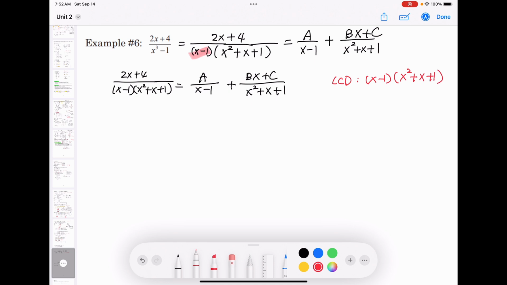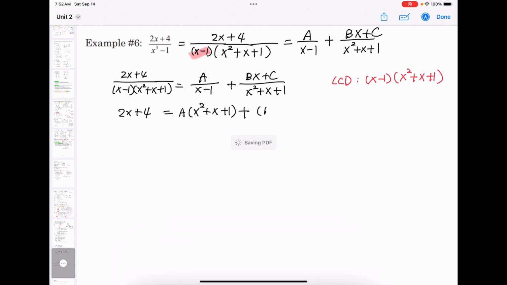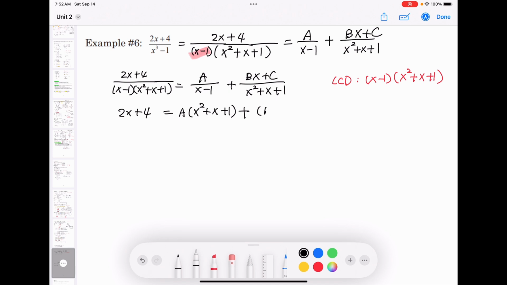So multiplying both sides, we have 2x plus 4 is equal to a times x squared plus x plus 1, and then for the second part, bx plus c multiplied by x minus 1.